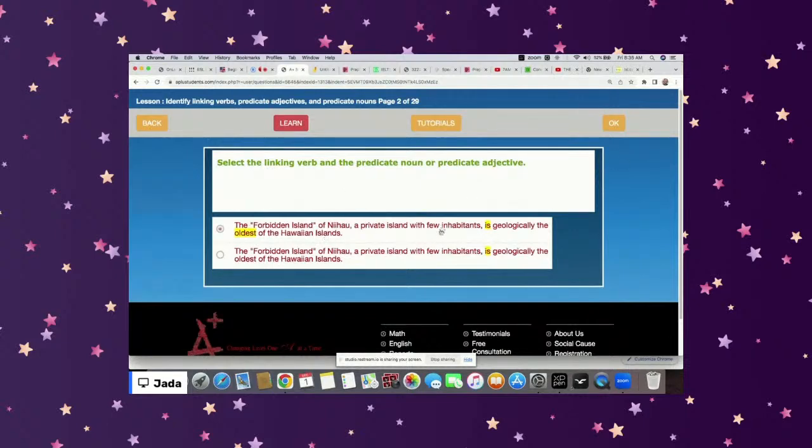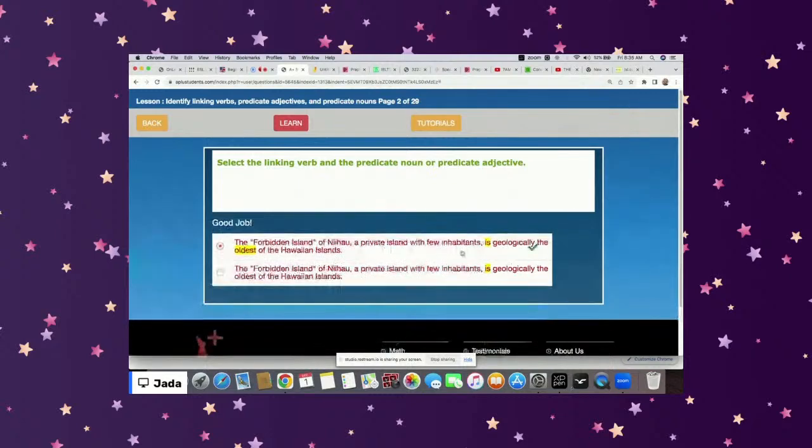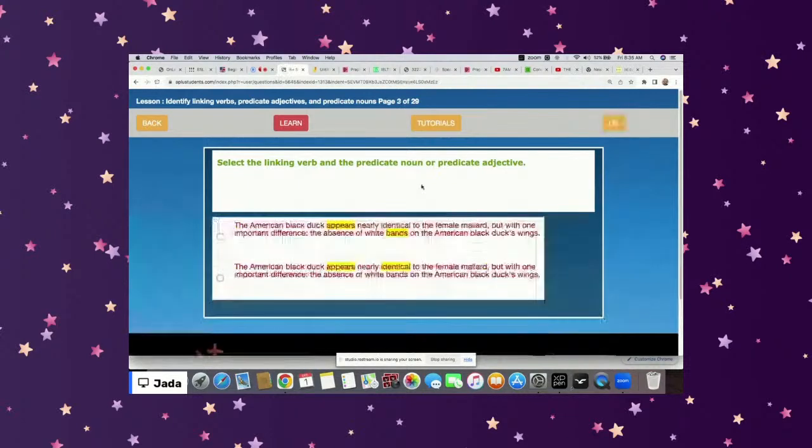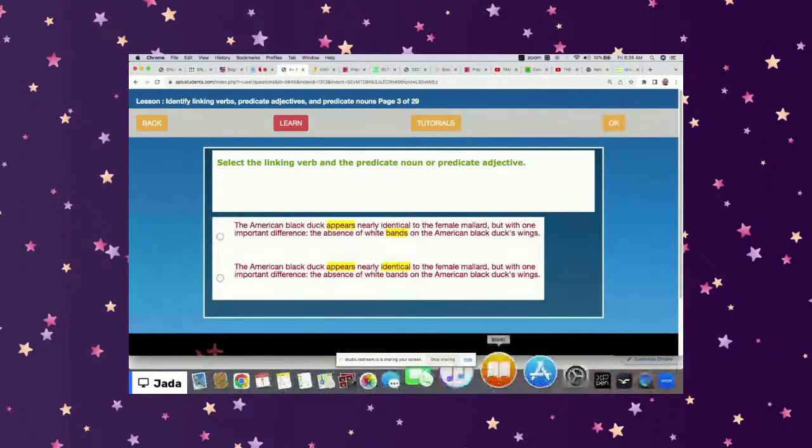Oldest, and is. So is there is the linking verb, okay? And then which one here is the linking verb, predicate noun, or predicate adjective? What do you think as your answer here?